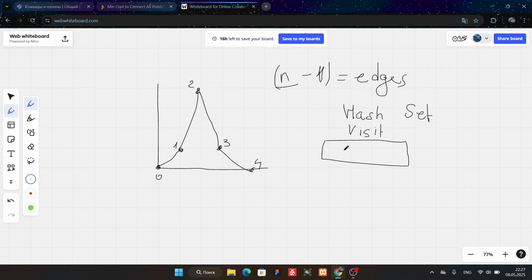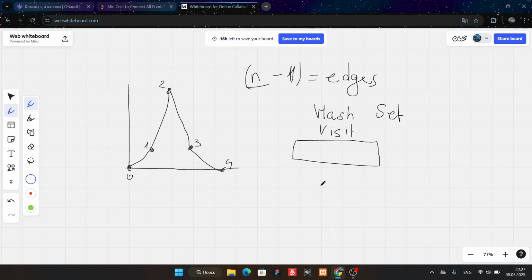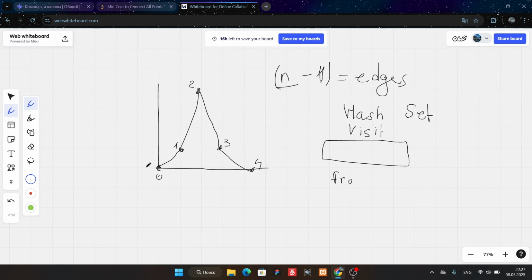We check whether we visited these nodes or not, and we have the frontier hash set, which holds the other nodes that we haven't connected.